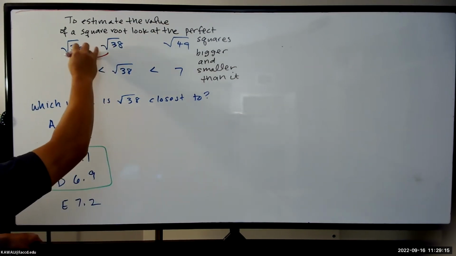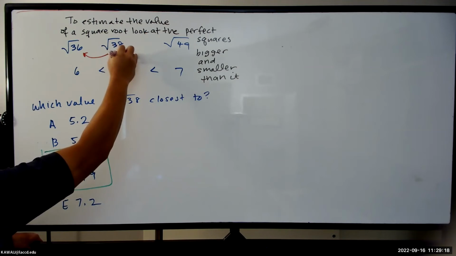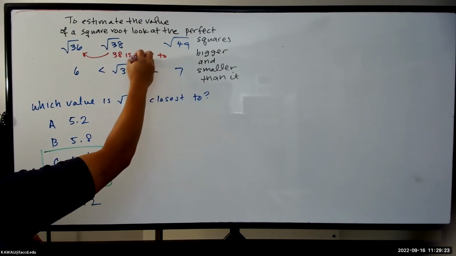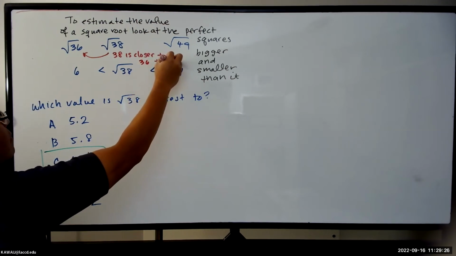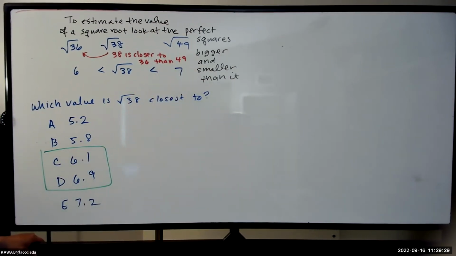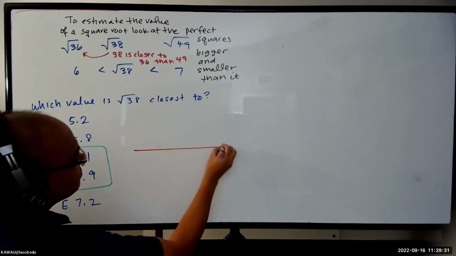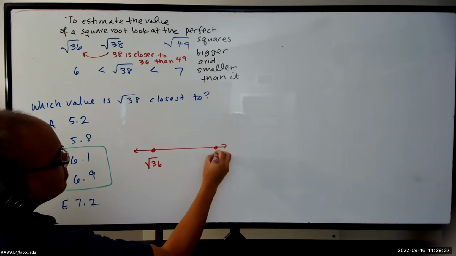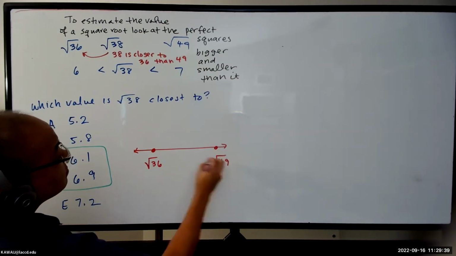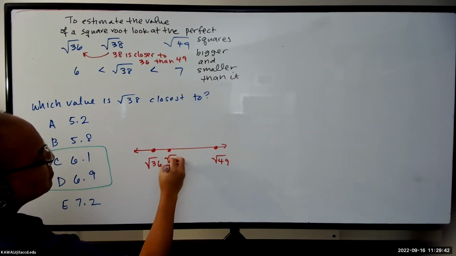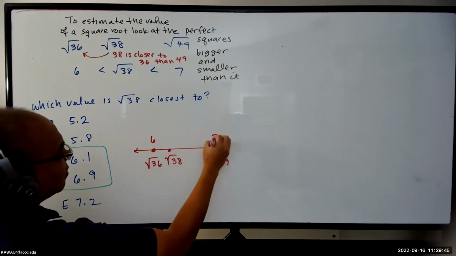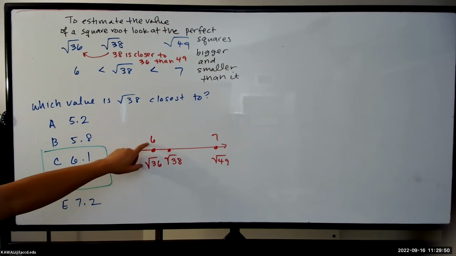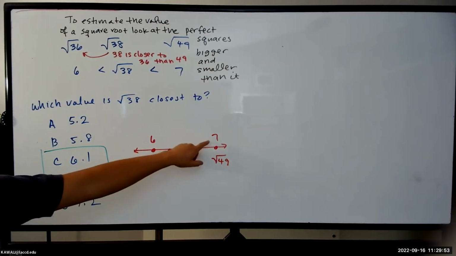Look. 38 is closer to 36 than 49. So if we were to look at a number line, we would say that this point is much closer to 6 than it is 7.